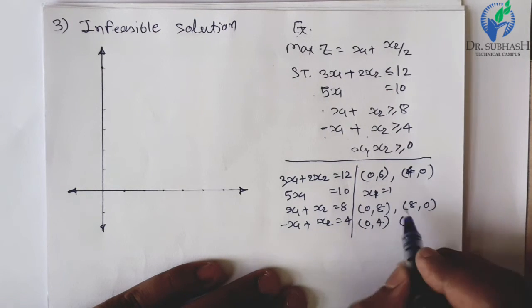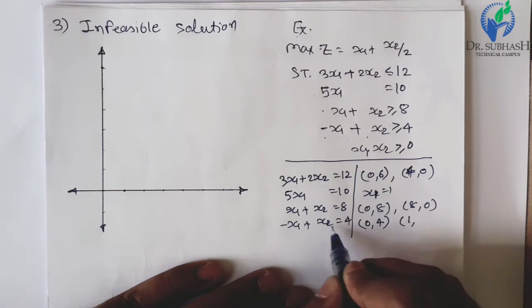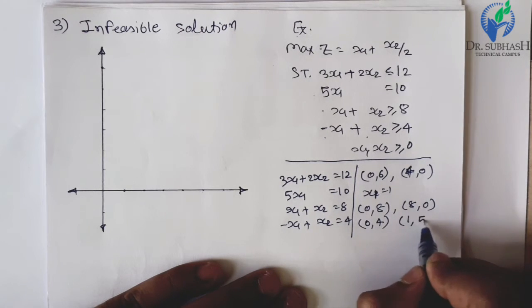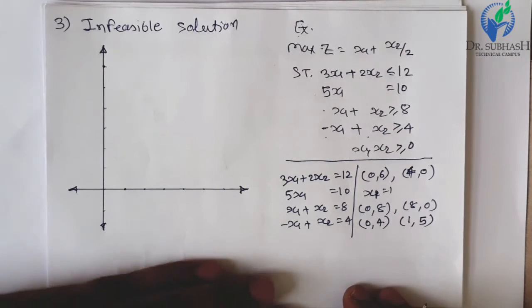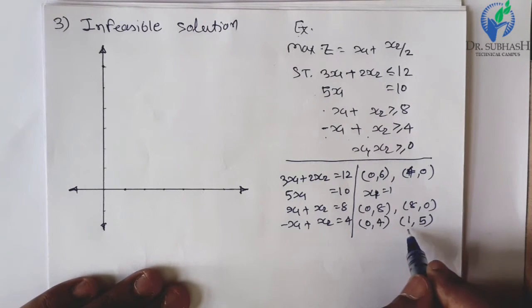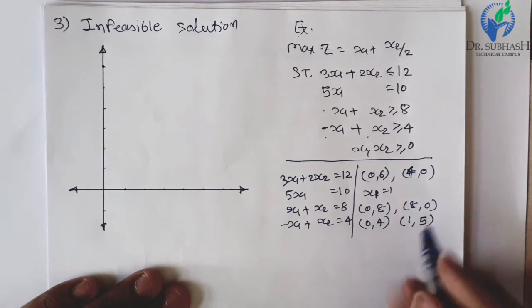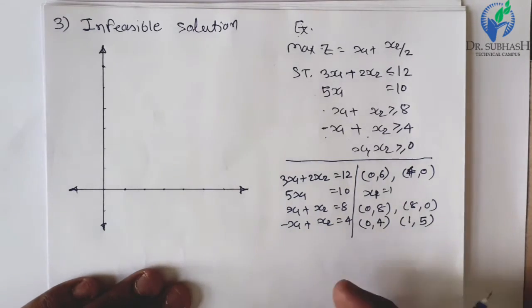If we consider x1 as 1, then we get x2 as 5. We have not taken x2 equal to 0, just to avoid the negative value, which may increase the graph, or we would have to consider negative values here. So we will not consider it.